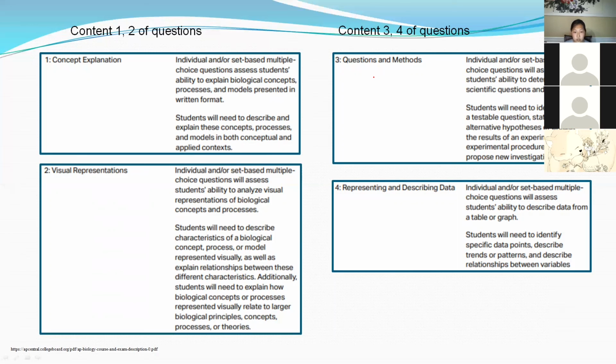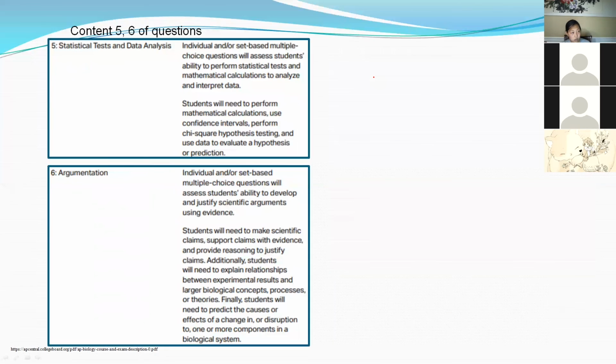The fourth skill is representing and describing data, which is basically being able to find trends in a table they give you or describe relationships between variables. Then there's 5 and 6. 5 is statistical tests and data analysis, which is basically math, being able to look at a chart or something and perform some sort of math to prove something else.